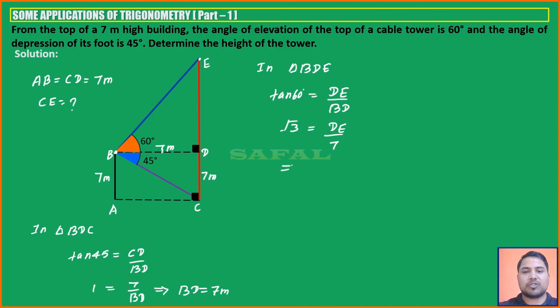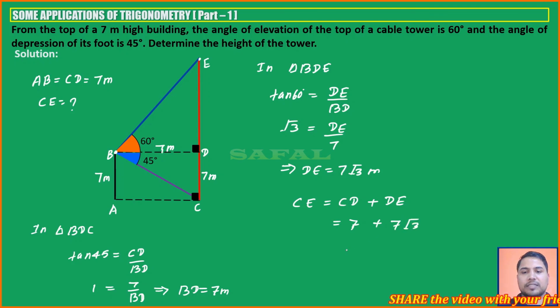So from here we get the length of DE as 7 root 3 meter. What we need is CE. So we know that CE is CD plus DE. Now CD we know is 7 and DE we have just found is 7 root 3. So 7 I can take common, so 1 plus root 3 meter.